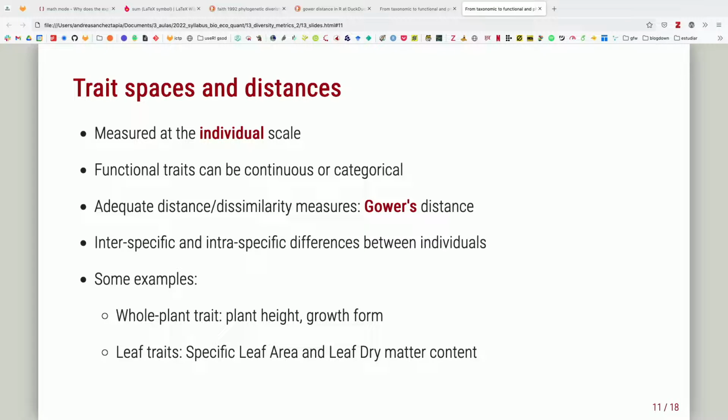Traits should be measured at the individual scale, and this is key because inside the species we can have intra-specific variation. The traits are not necessarily conserved at the species level.